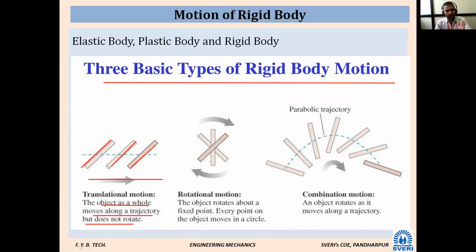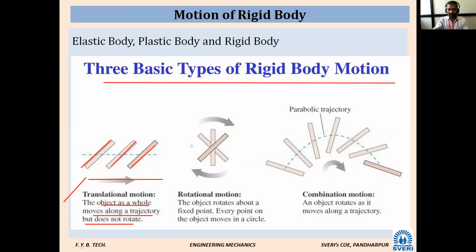No, it is moving in a trajectory. At this point, it is there. Next, it is moving here. Whether the body is rotating? No, it is not rotating. It is moving in a horizontal direction. Correct? This is called translation motion.